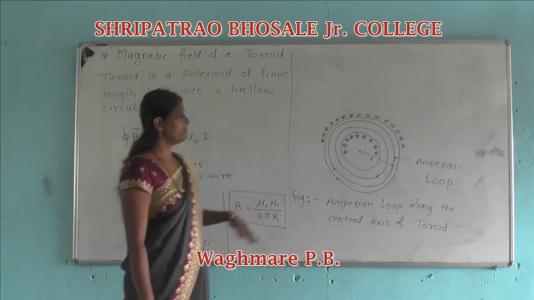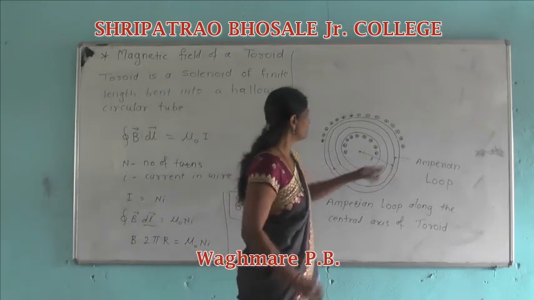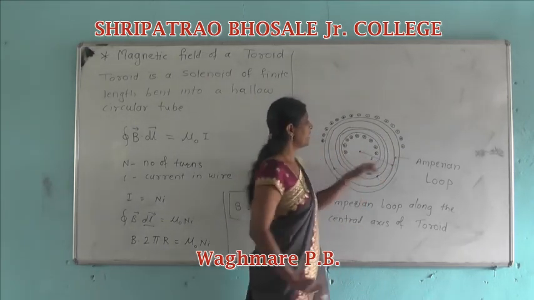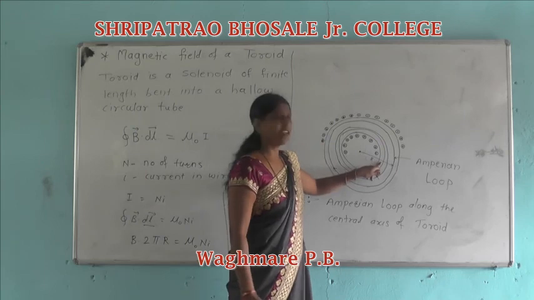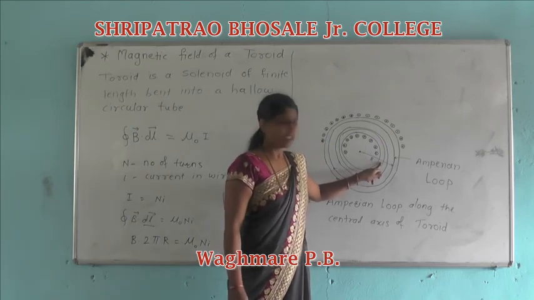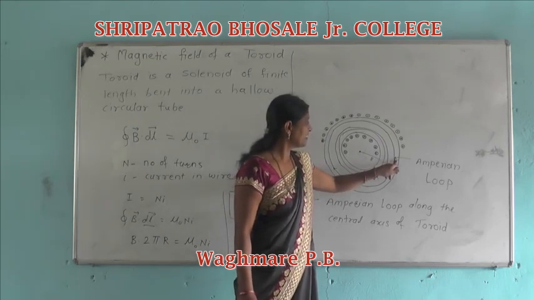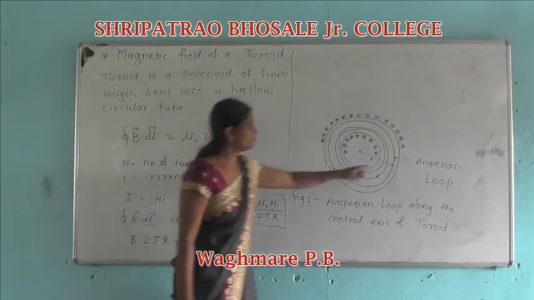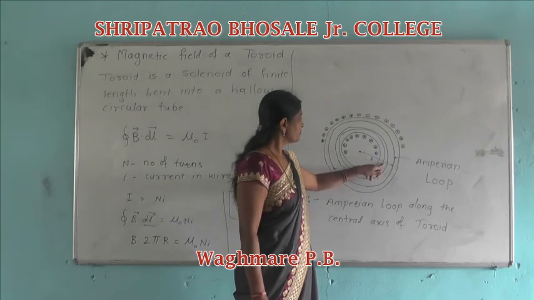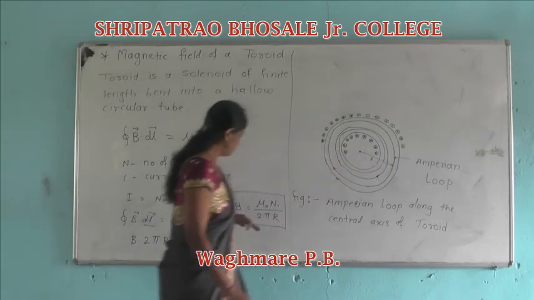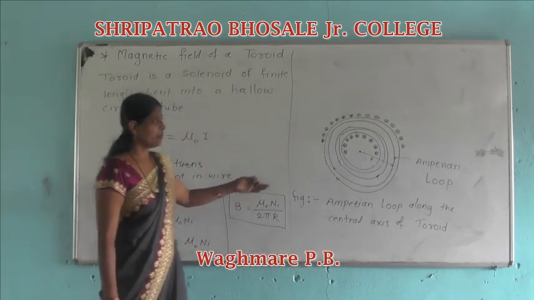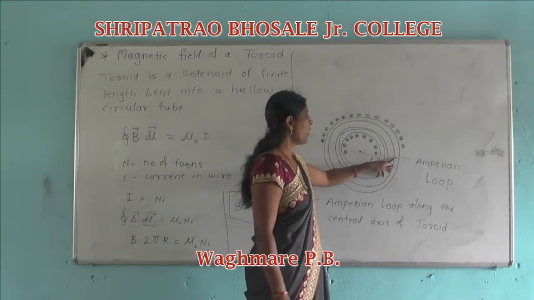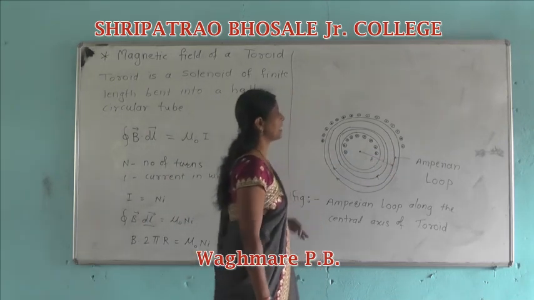As we consider another Ampere loop, the magnetic field will change. It will be less than that of this loop. That is, the magnetic field over this loop will be less than at a point on this other Ampere loop.